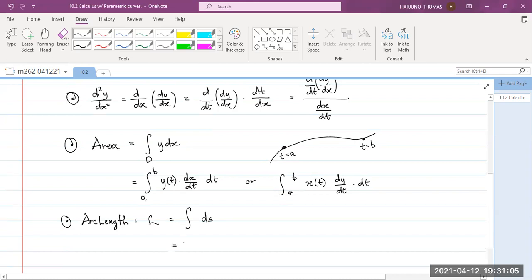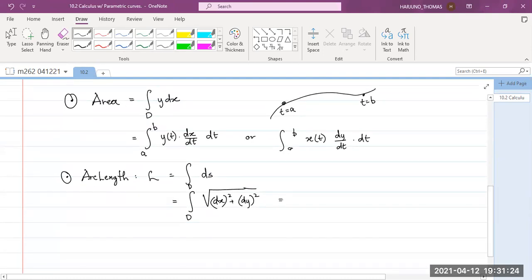Now we learned this before. This is the integral of the square root of dx squared plus dy squared over the domain D. But we cannot integrate that.